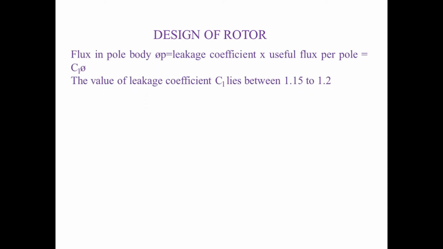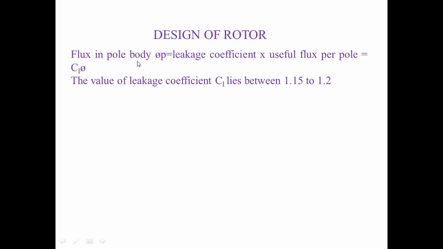Next, we need to learn about the design of the rotor. So the rotor of a synchronous generator. Flux in the pole body of the rotor, phi p, is given by the leakage coefficient multiplied by the useful flux per pole. The leakage coefficient is given by C suffix L and the useful flux per pole is phi.